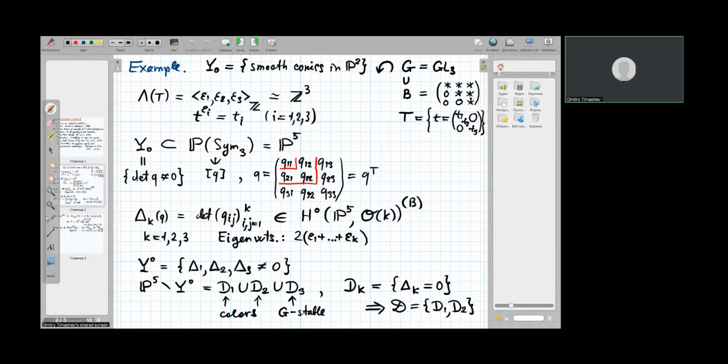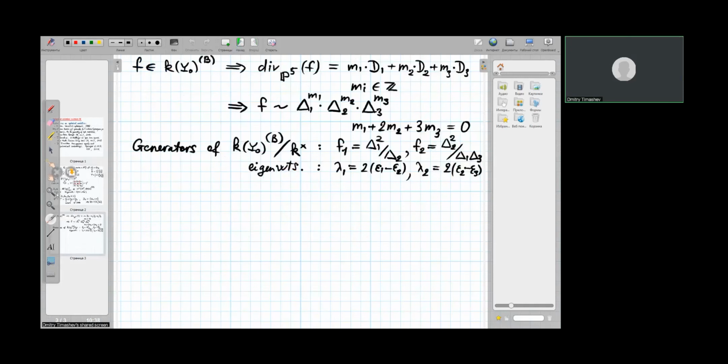Just take the eigenweights of delta k's, and compute the weight of the numerator and subtract the weight of the denominator. In the additive notation, you have to multiply the eigenweight, for instance, of delta 1 by 2 and subtract the eigenweight of delta 2, and you get this. And similarly, you get this weight here.